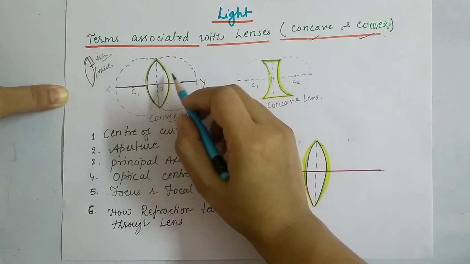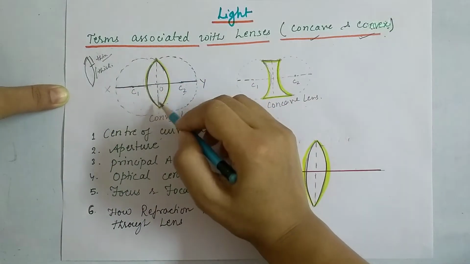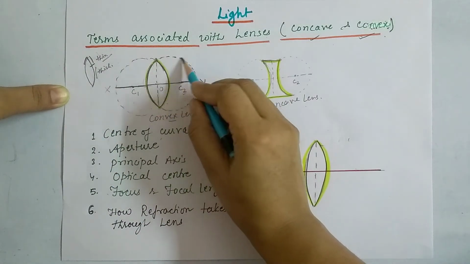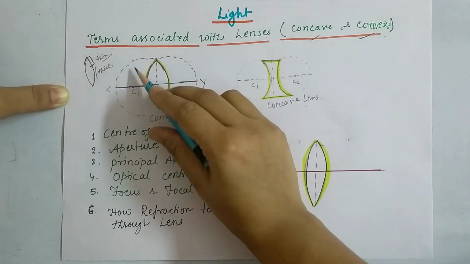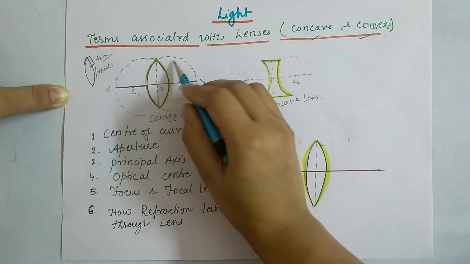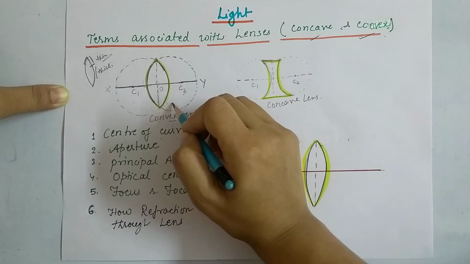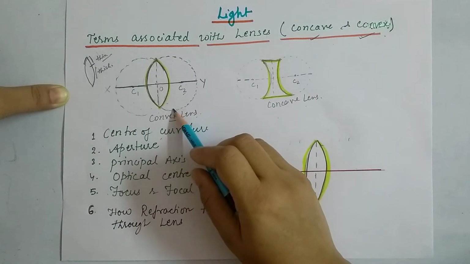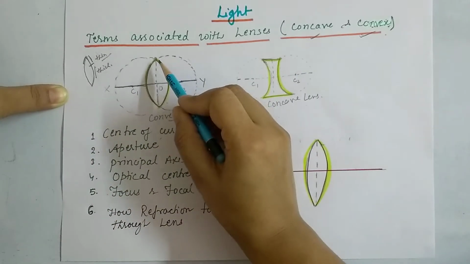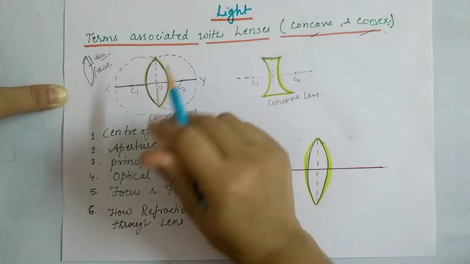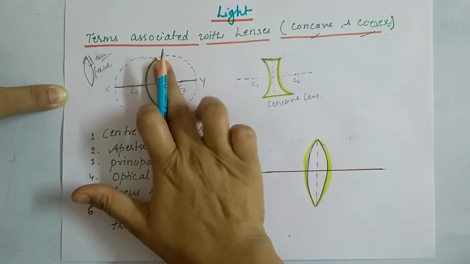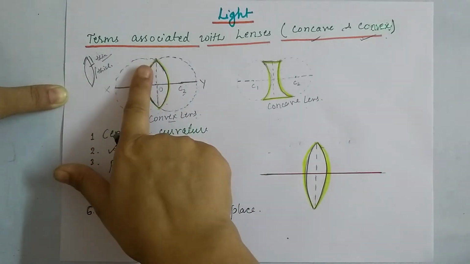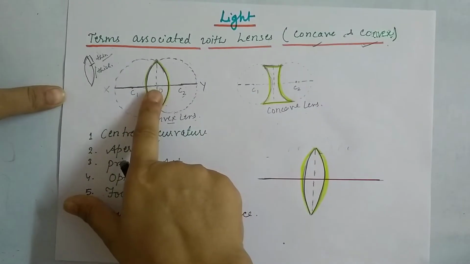So this is your convex lens, and we know that we can draw a sphere, and we know that the lens is always made from two spheres. This convex lens is always made from two spheres. So I already drew a sphere. This one is your first sphere, and this is your second sphere.